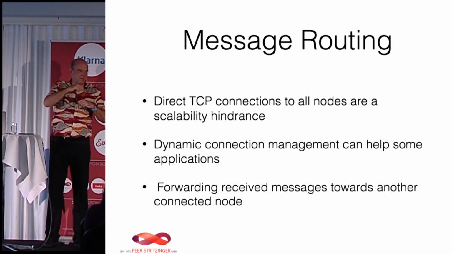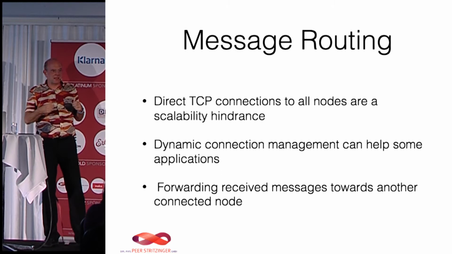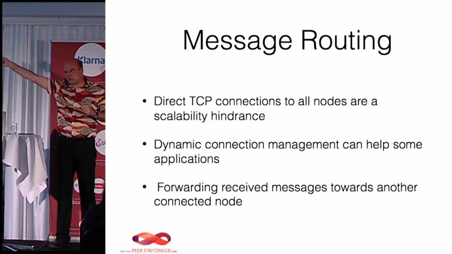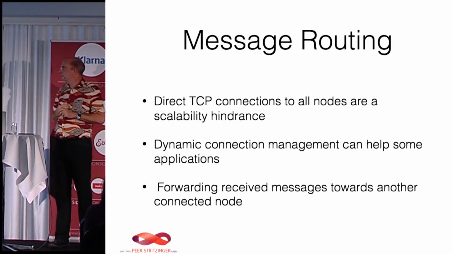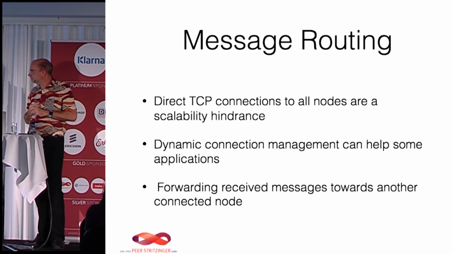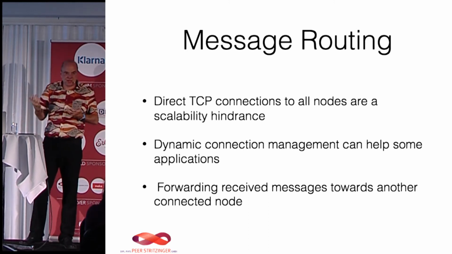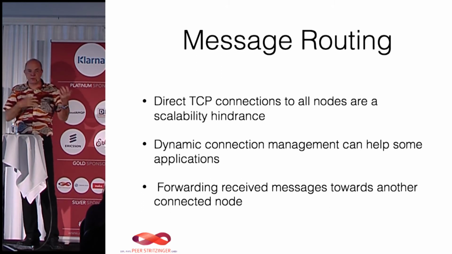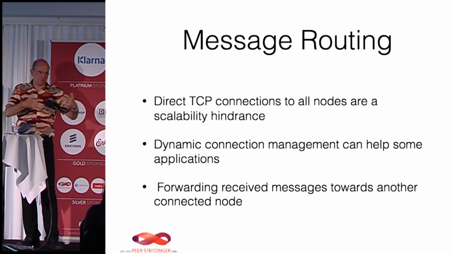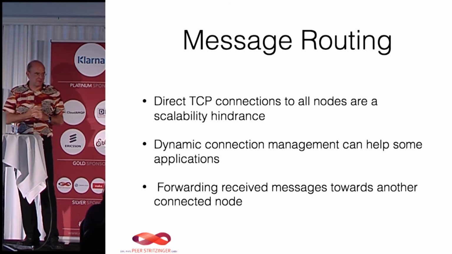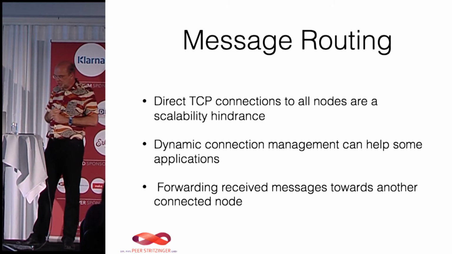If you have a path through the network of the nodes, then you need to route messages from one node over several hops of other nodes to the final node. So for that, we can decide how many TCP connections we want, depending on our network topology, maybe map it to the network topology, or think about some virtual topology, or whatever. You can do lots of things when you can do message routing.